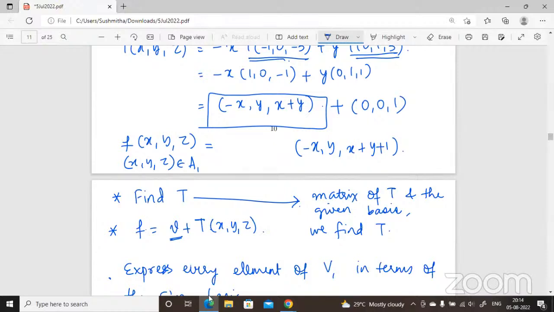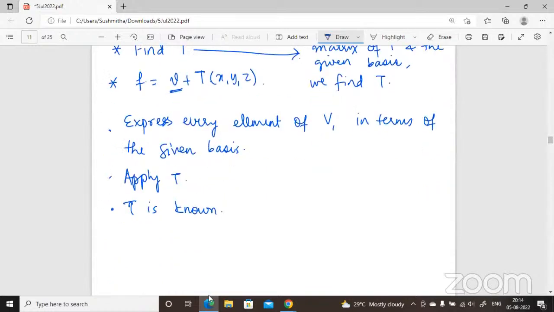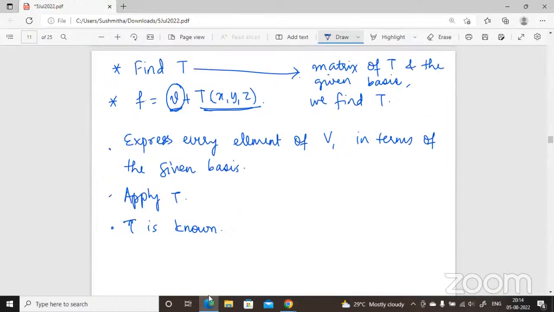So how is this question, if the option is not given, how can the point not be given, right? Yeah, this I know. T of x, y, z we found out, right? Yeah. So this point can be any point in A2, right?